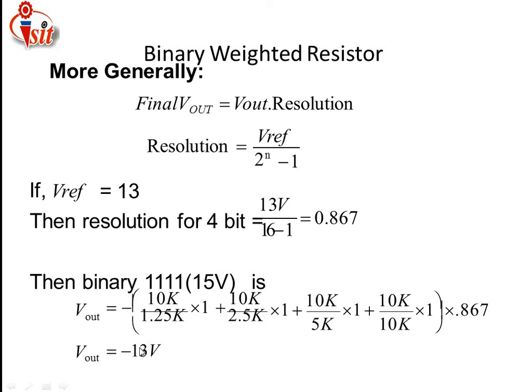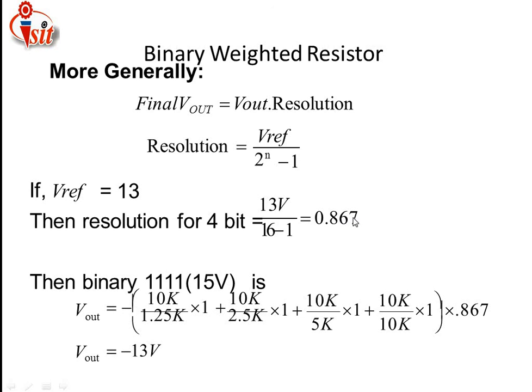Then take the binary pattern 1111 with 15 volt as the input voltage. What is the output voltage here? Just see 1.25k, 2.5k, 5k and 10k. These are the resistor values, that is R, 2R, 4R and 8R. Then 10k is the RF resistor, that is the feedback resistor connected in that circuit. Then the values for V1, V2, V3 and V4 are all 1, and it is multiplied by the reference voltage.